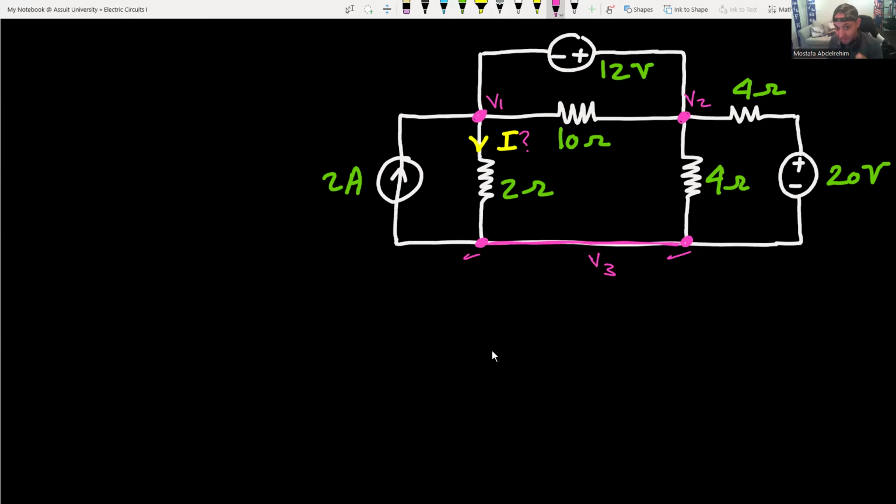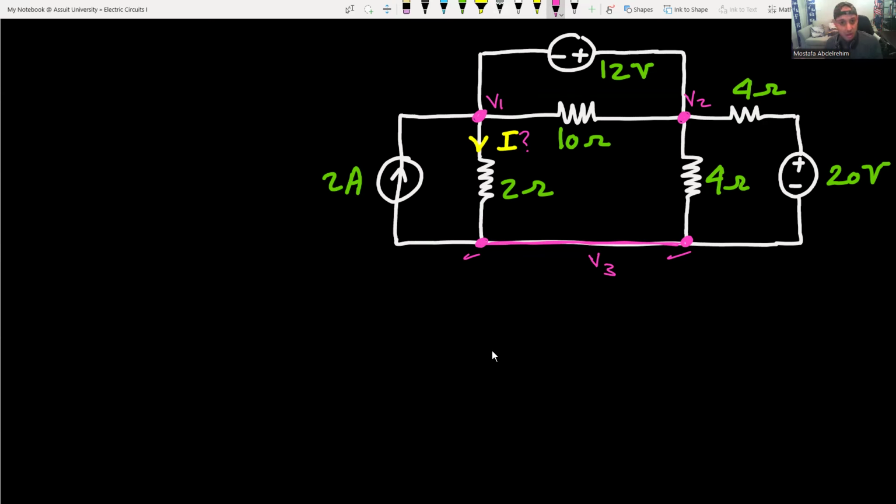What matters is the voltage difference, not the individual voltages, like V1 minus V3 or V1 minus V2 or V2 minus V3. Whatever V2 is, whatever V3 is, this difference should be the same, wherever you choose your ground.